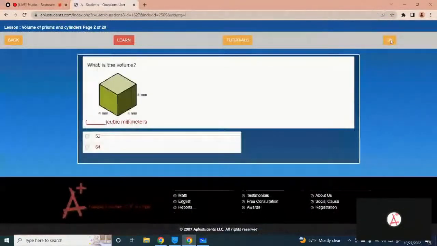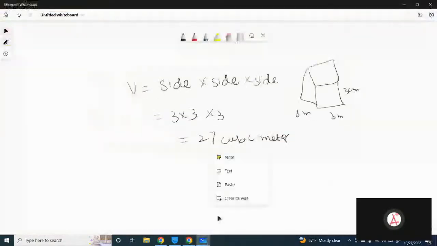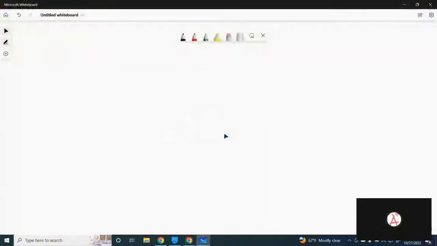Okay, the next one is again a cube. So the volume of the cube is side times side times side. Got it?